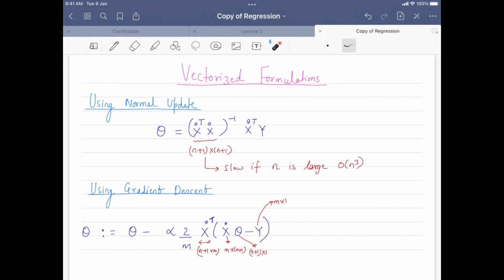And we can see that this particular matrix inversion will slow down if n becomes large, and the complexity is basically n cube. So n cube tells you how fast or slow this particular inversion will be. So it is slow by a factor of n cube. As the number of features increases, that is, as n increases, it will take n cube time, so it slows down.